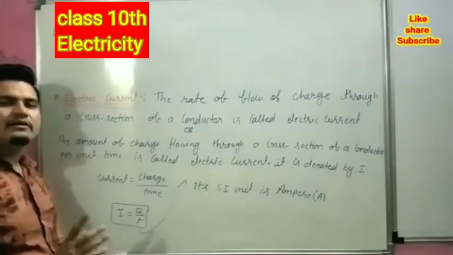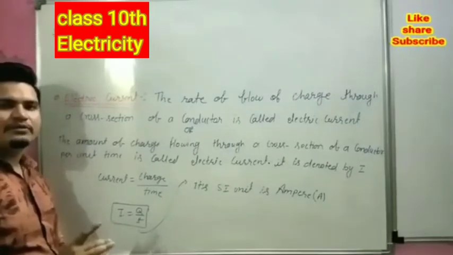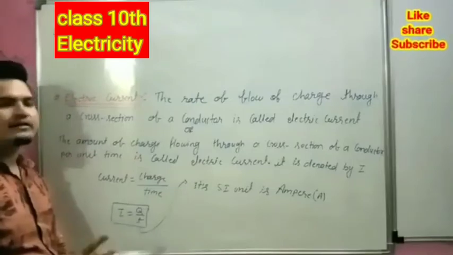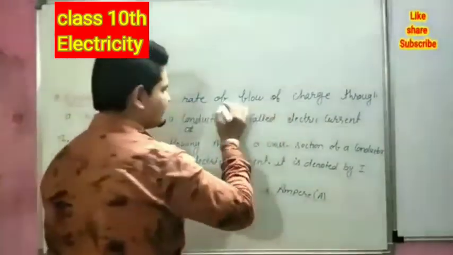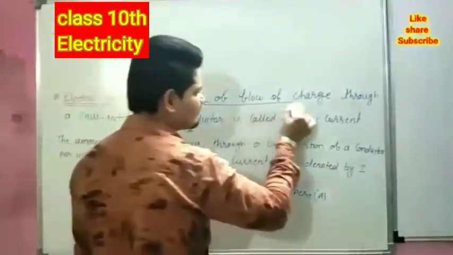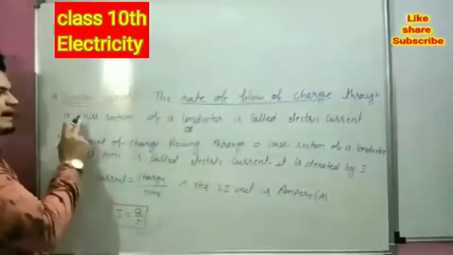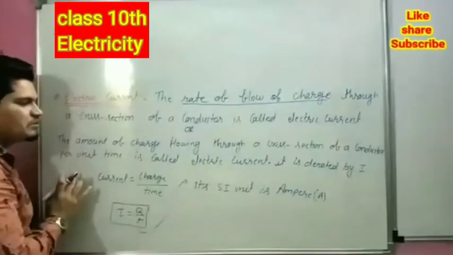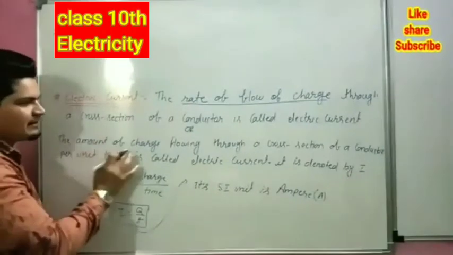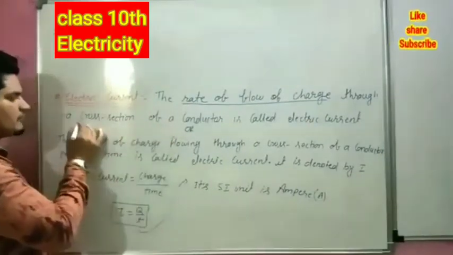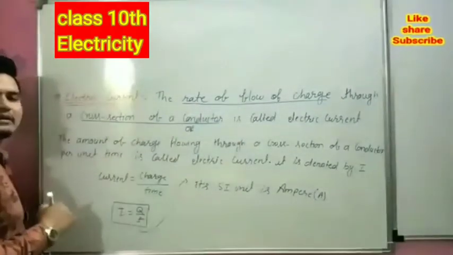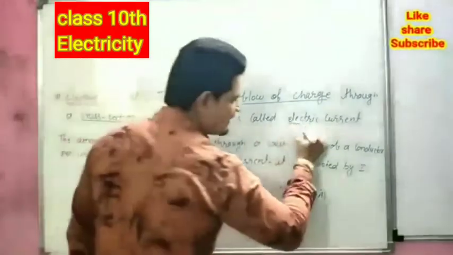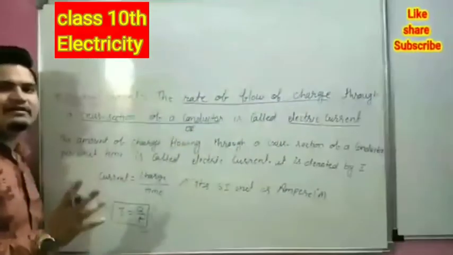The rate of flow of charge through any cross section area of the conductor is called electric current, or simply current.